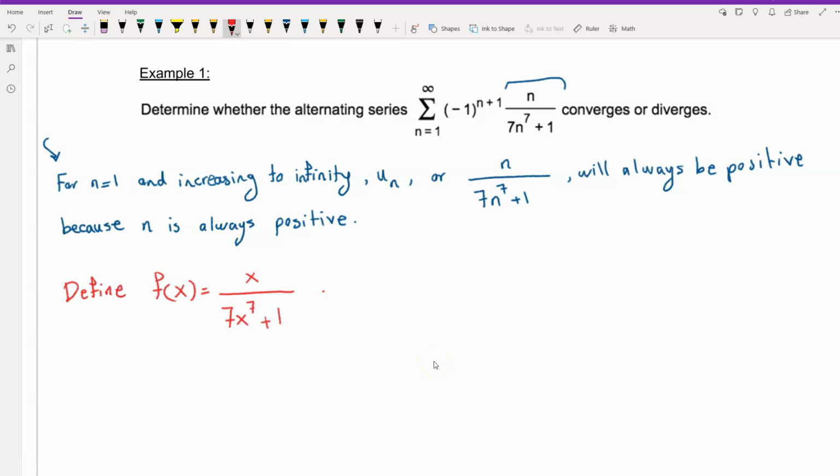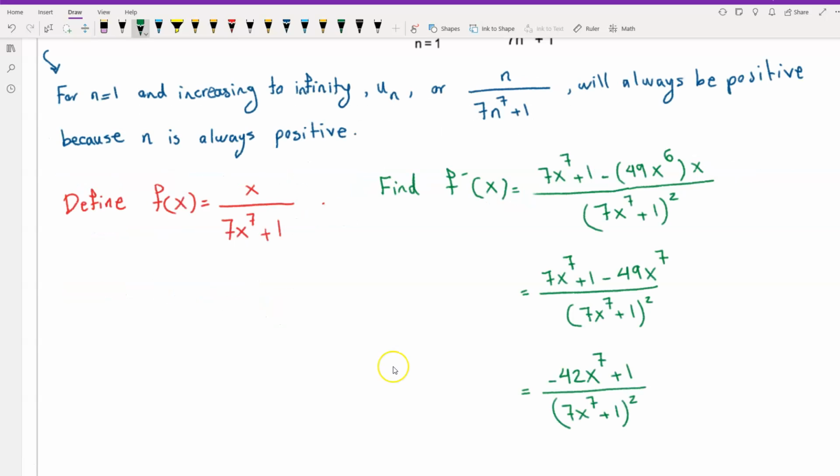In order to determine whether u sub n, which is n divided by 7n^7 + 1, is eventually non-increasing, define f of x equal to x over 7x^7 + 1, so that the values of f match the values of the sequence at every positive integer n. Now find the first derivative of f.